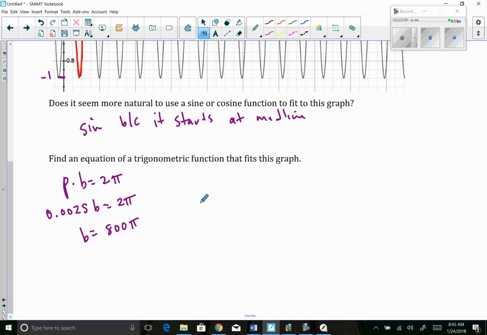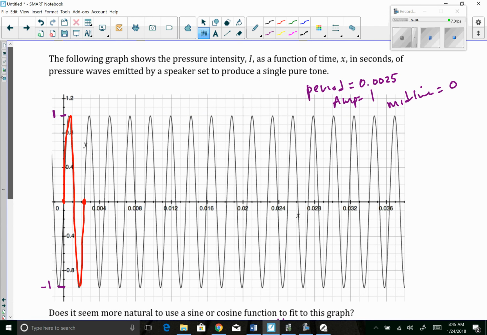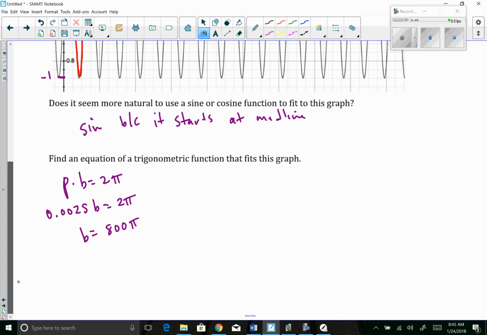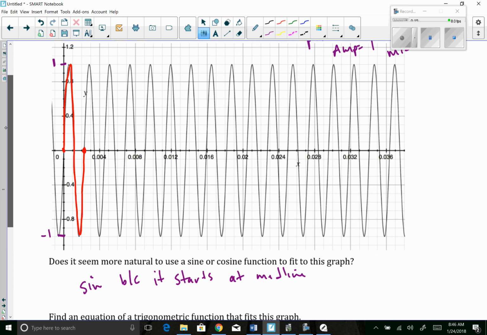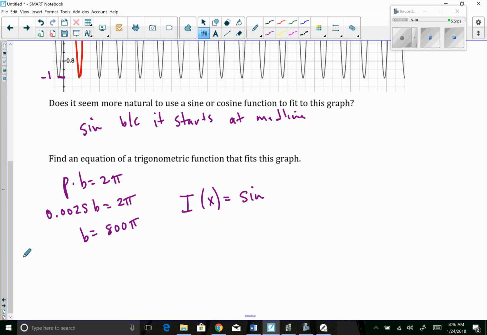So my equation is going to be, and this uses different variables here, I of x, intensity as a function of time or x. And since the amplitude was 1, I could just start by writing sine. It was a regular sine curve. It went up first, so it's a positive sine curve. The midline is 0, and we can just say this is approximately sine of 800 pi x.